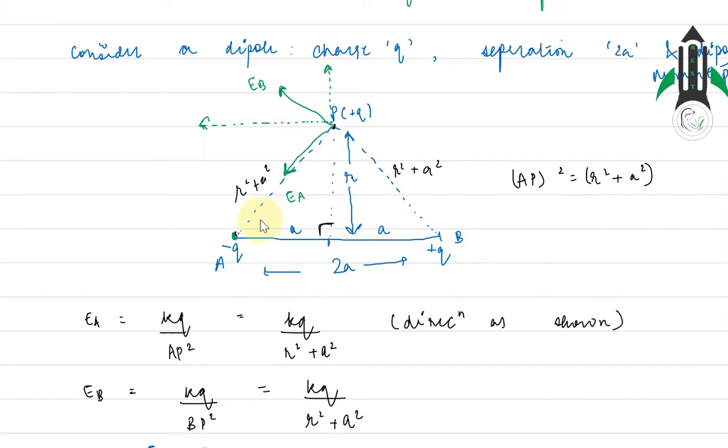So if this is angle theta, this is also angle theta and this is also angle theta. So when we have a diagram like this, this will be EB cos theta, this will be EA cos theta, this will be EA sin theta, and this will be EB sin theta.